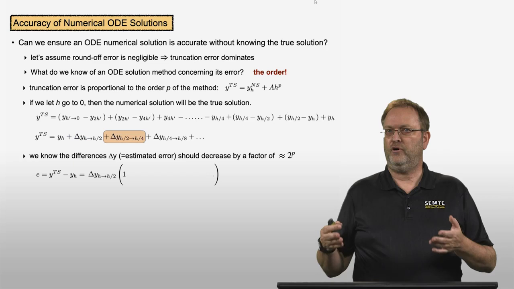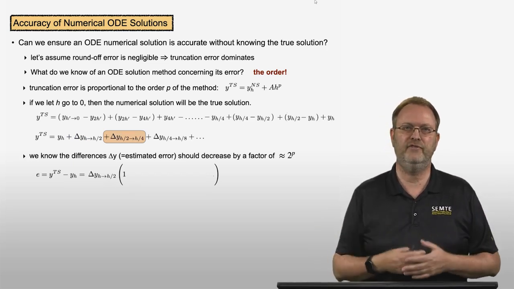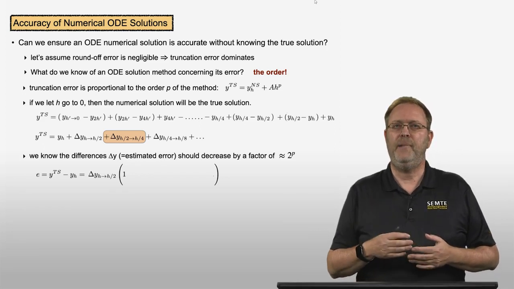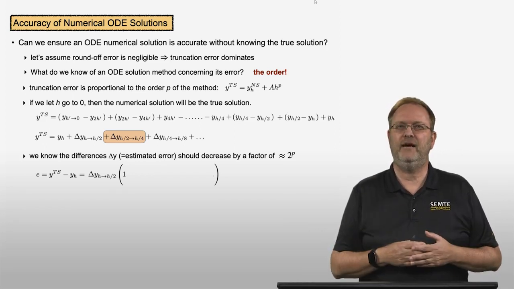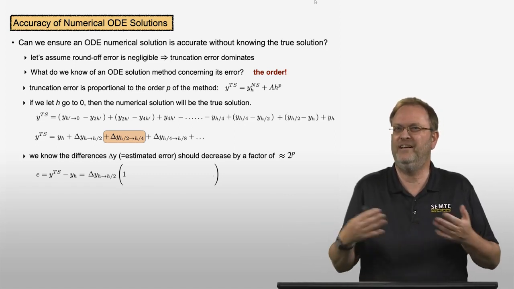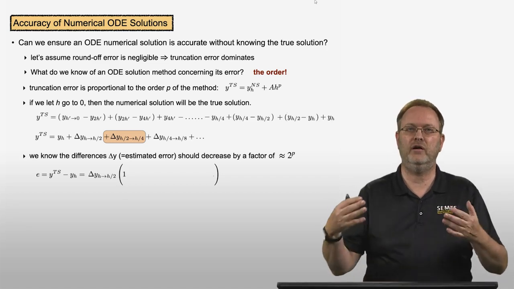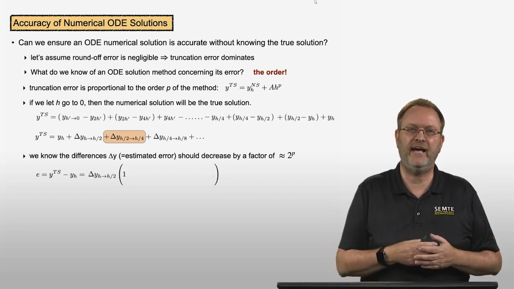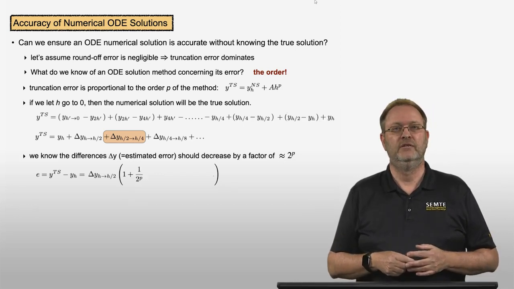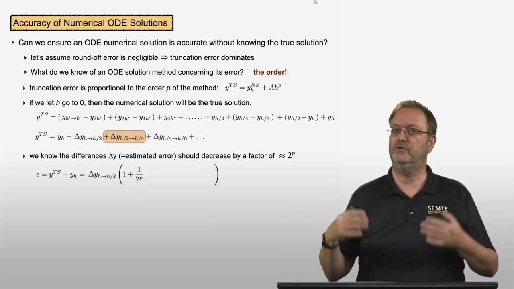Now I have to add the change of the solution if I go from h over 2 to h over 4. But this estimated error, because it uses a factor 2 smaller meshes, I know should be a factor 2 to the power p smaller than the change that I had going from a step size of h to h over 2. So that should be 1 plus 1 divided by 2 to the power p.